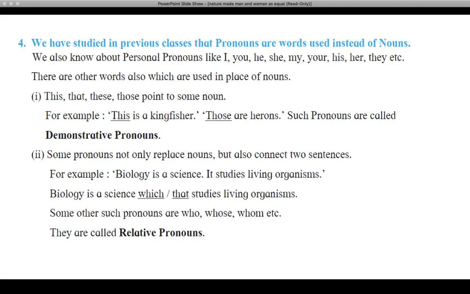So, biology is a science that or which studies living organisms. So which or that are also pronouns. Therefore, it is called a relative pronoun. Why relative? Because it is showing the connection between the first sentence and the second sentence, showing the relation. Therefore, relative pronoun.